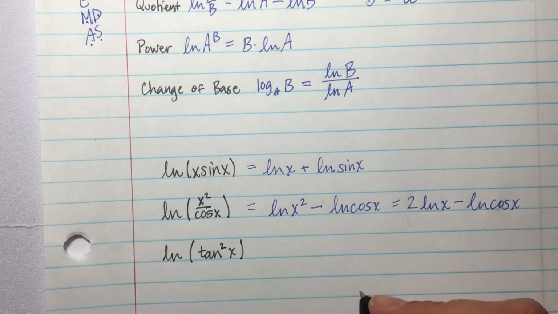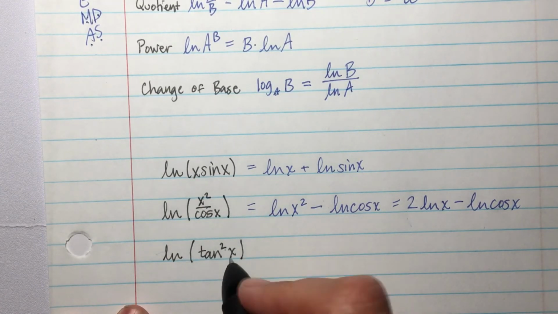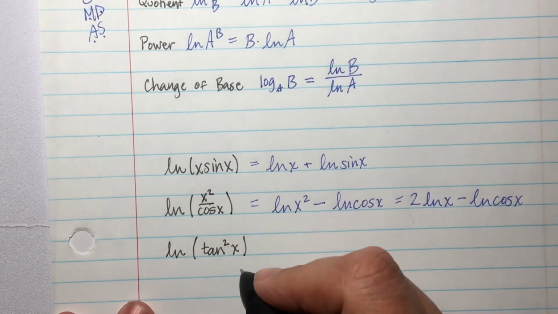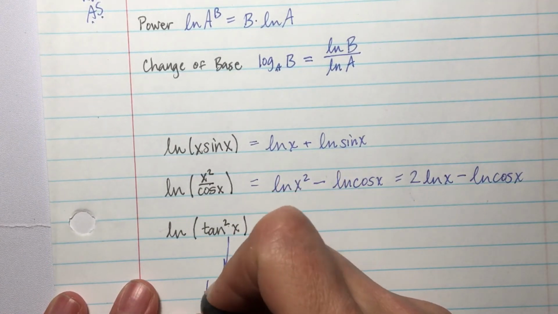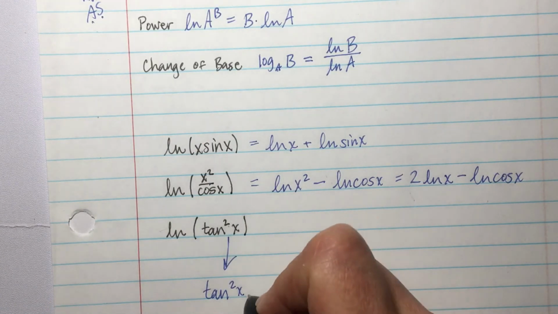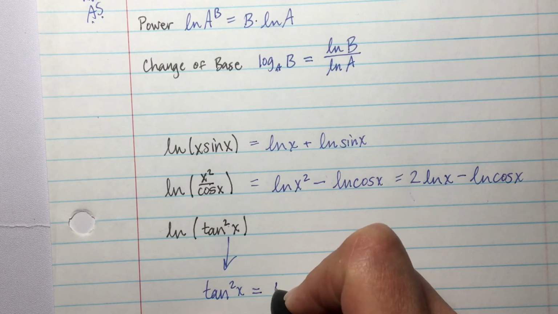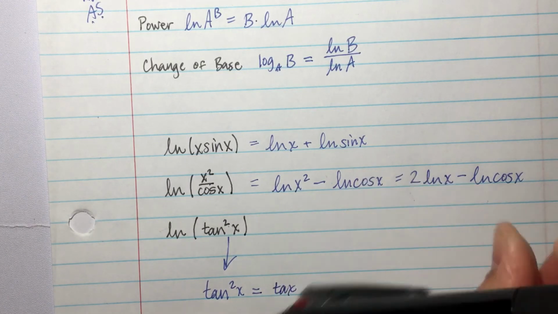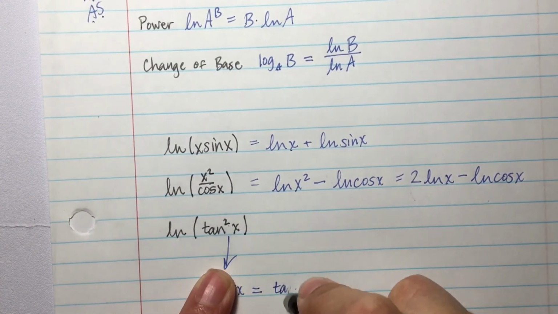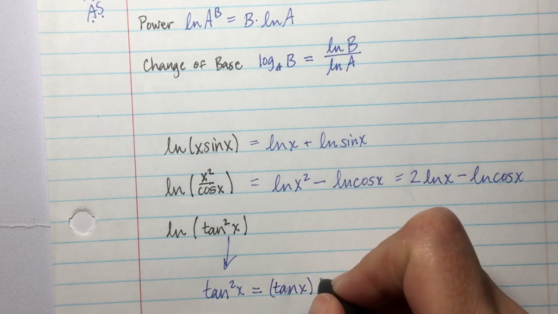Who knew? Okay, looking at this one, now there's something we need to watch out for. When you see something like tangent squared x, your thought bubble really needs to be, oh, hey, that really means, if I'm the x, I get tangented first, and then after that, I get squared.